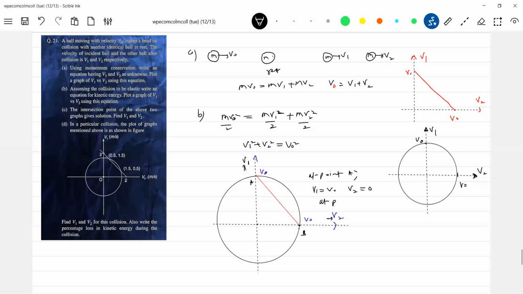At point B, v2 equals v naught, v1 equals 0. What are v1, v2? First of all, v1, v2 are velocities after collision, no?